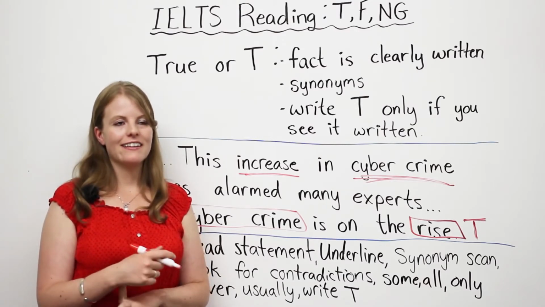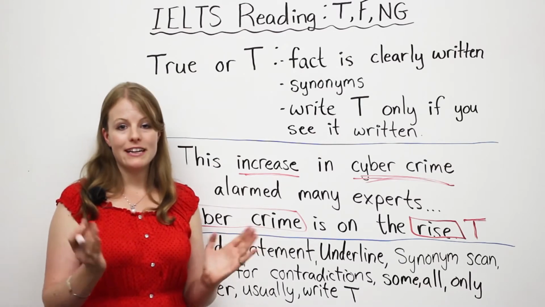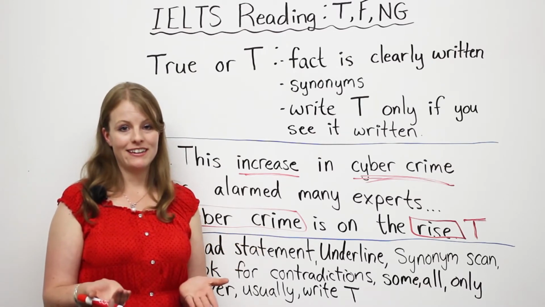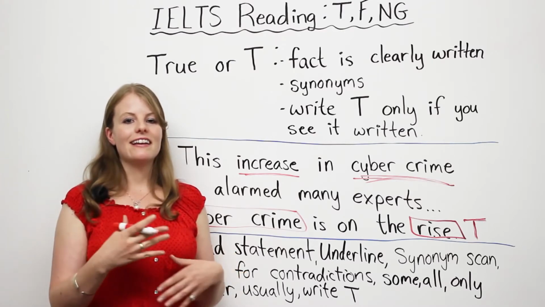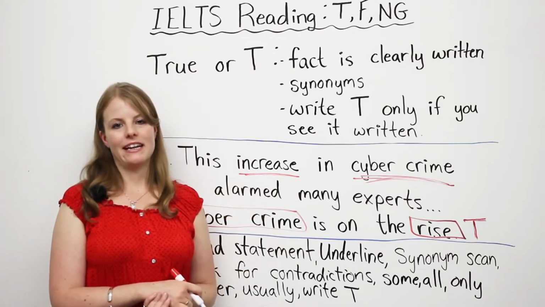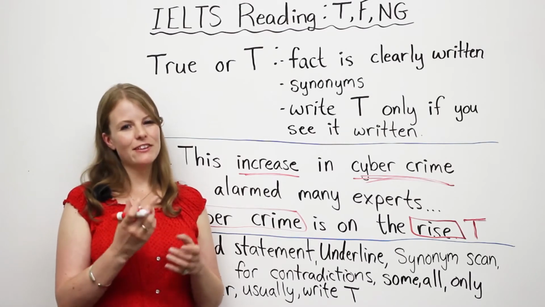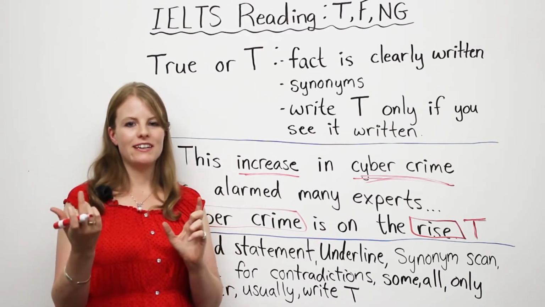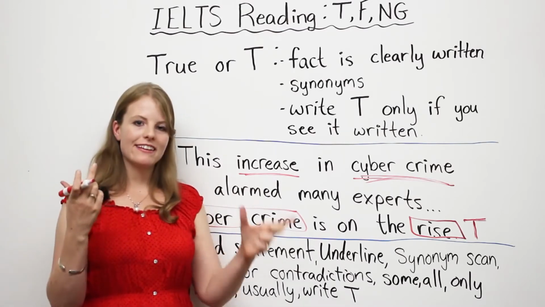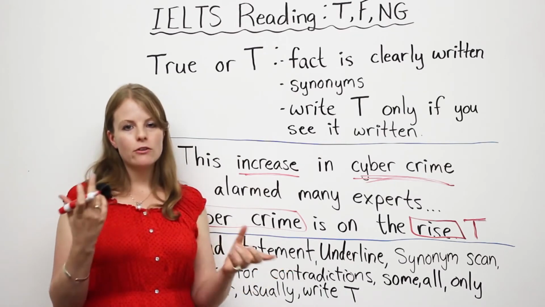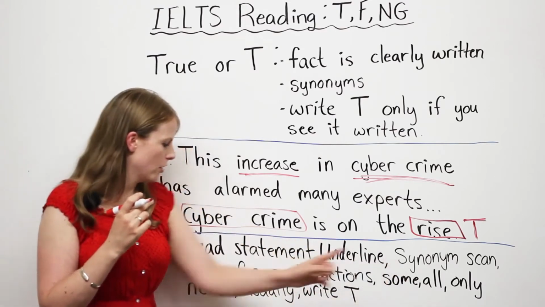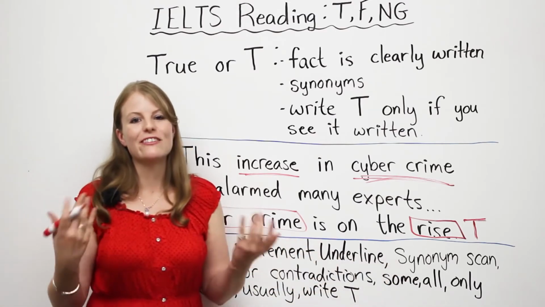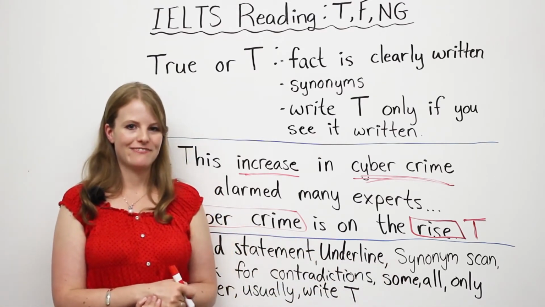Because if it says, some people in Canada like to eat poutine, and you see the sentence saying, poutine is always eaten by Canadians. Even though you see the two words, oh, poutine, poutine, one says always, one says some. So this would not be a true statement. So be on the lookout for some, all, only, never, usually. This is where they try to trick you on the IELTS.